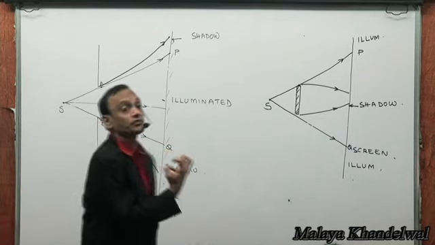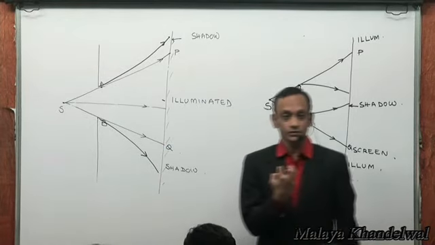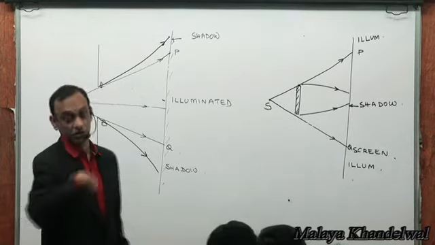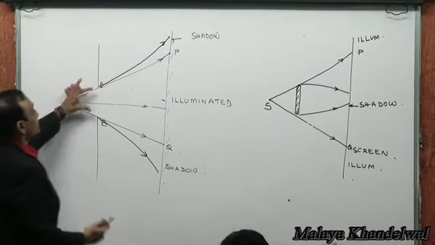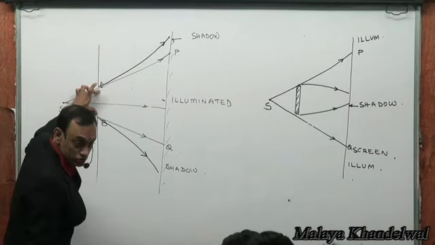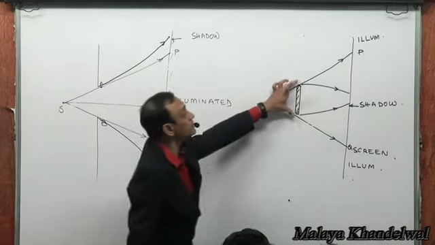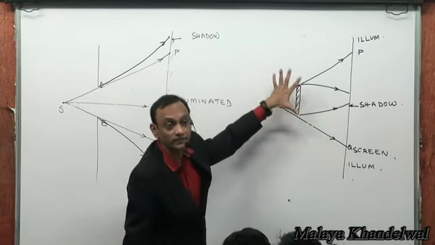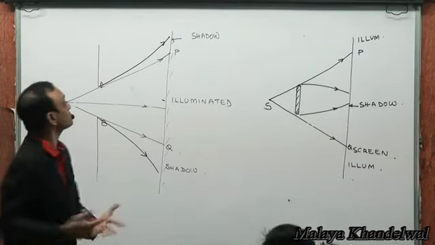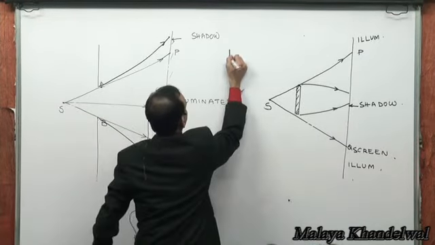And this encroachment of light, subject to certain conditions, as in, for the aperture, it becomes comparable to the wavelength of light, and for the obstacle, this becomes comparable to the wavelength of light, then this phenomenon is called diffraction of light.